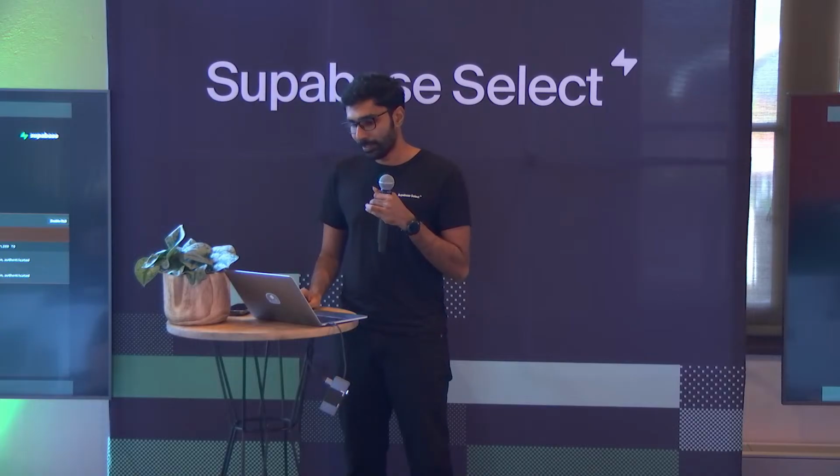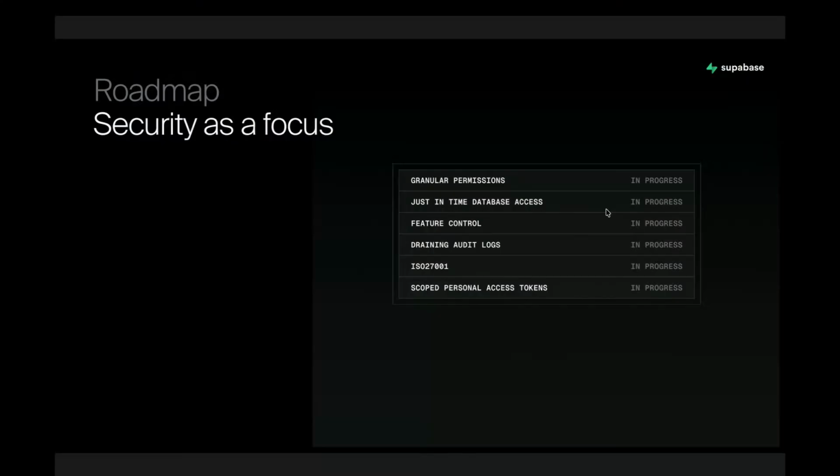That's some of what we have already launched. In terms of what's coming, we are working on more granular permissions, so you can give a developer access to, say, just the edge functions but not the database. This one I'm pretty excited by: just-in-time database access.